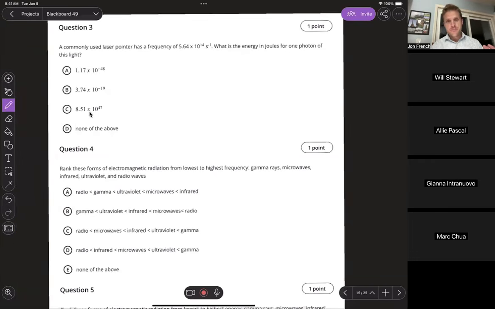I give them to you, but we need to know when to use what equation. So here we've got frequency and we're looking for energy, right? So immediately we should know energy equals Planck's constant times my frequency. So energy equals Planck's constant, 6.626 times 10 to the minus 34 joules times seconds, times my frequency.